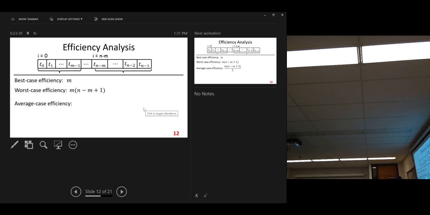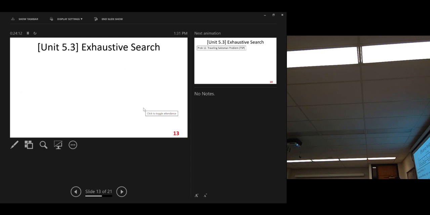Then you add up and divide by the number of cases, and you get this number plus 2, because you have 1 here plus that 1, so you get 2. Then divided by 2, you still get that. So the average case efficiency. When we do that, we should be very careful. Sometimes you can add two numbers together and divide by 2. Sometimes you cannot.